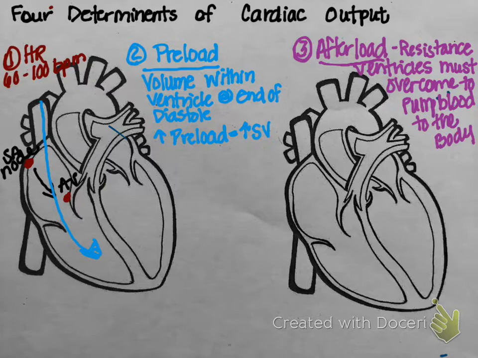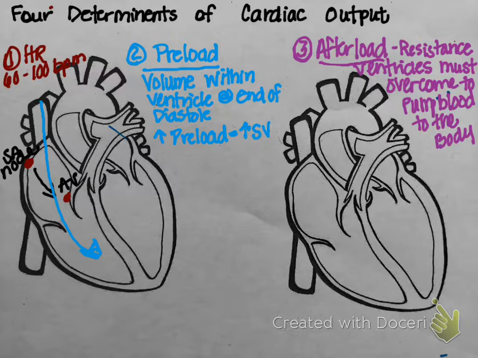So not only is he probably going to have increased heart rate, an increase might be 80-something instead of 68 or 70. All right, so he's got increased heart rate, so the heart's going to work harder, beat harder. And because of that, he's going to have probably more increased volume than somebody that's an athlete, right? Because his preload's going to be a little higher because of the demand.